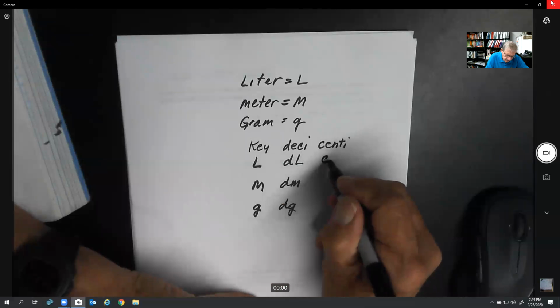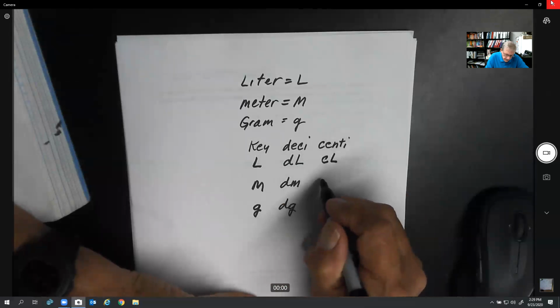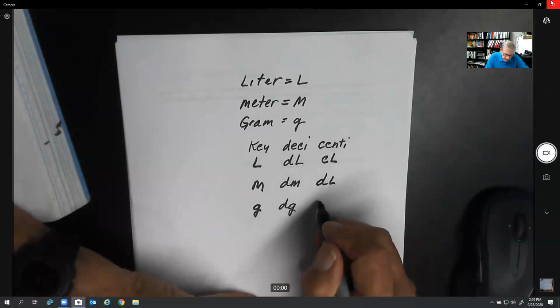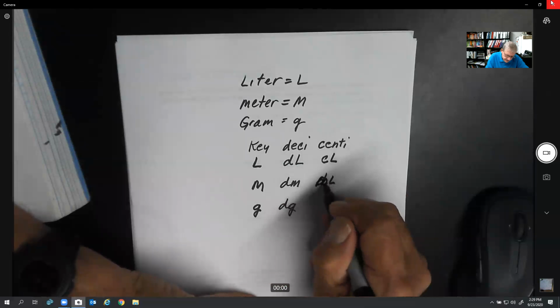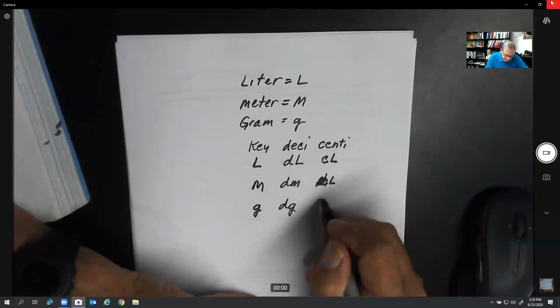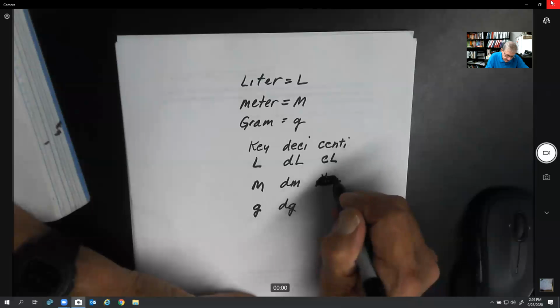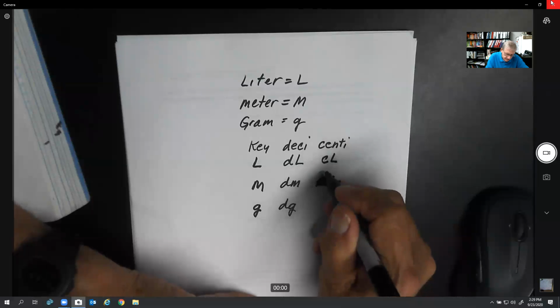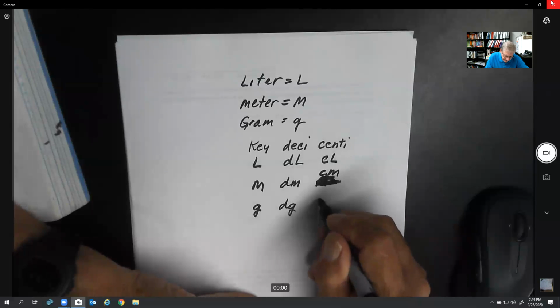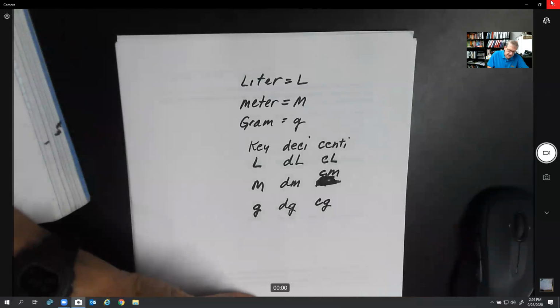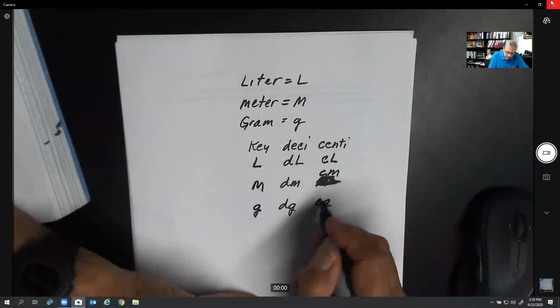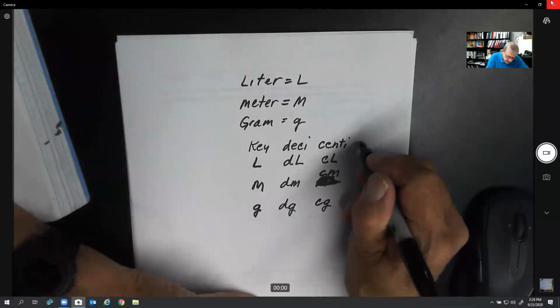So this would be centiliters, centimeters, and centigrams.